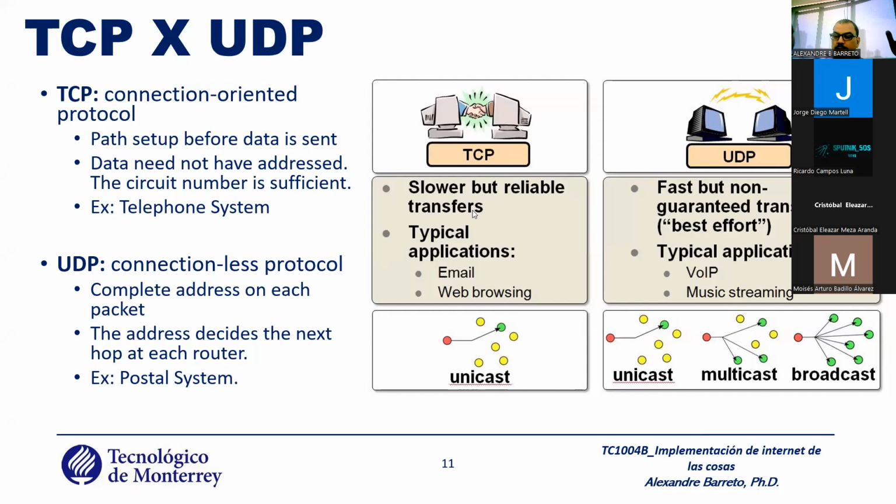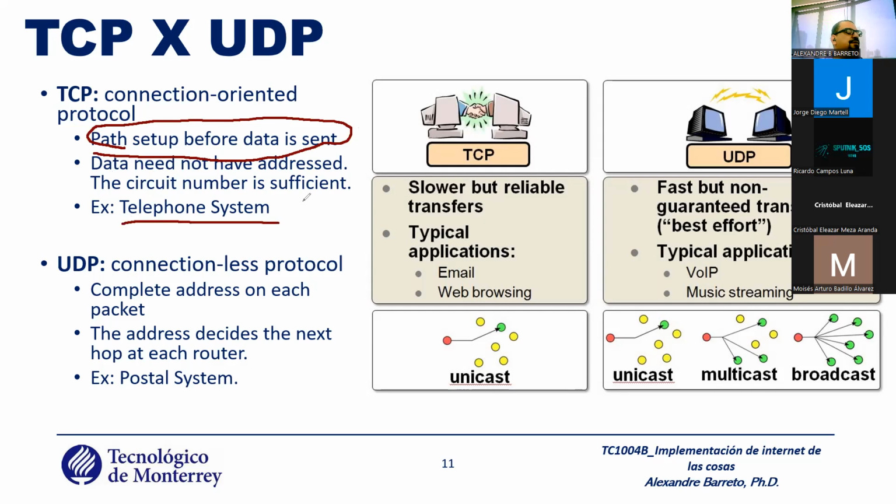The receiver says, I'm ready. And the sender says, okay, I'm ready. After this three-way handshake, you start your talk, okay? UDP doesn't have this step. It just says, I need to send data to the destination, send, and so on, okay? And in TCP, the path is set before the data is sent, okay?